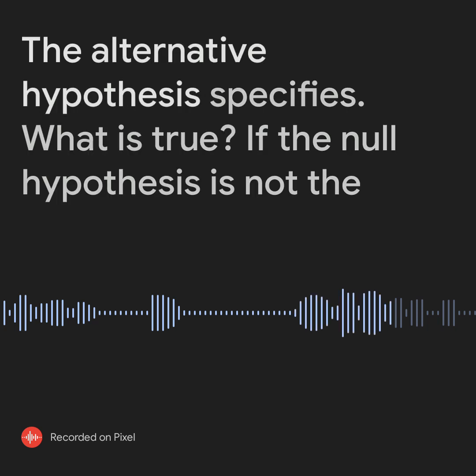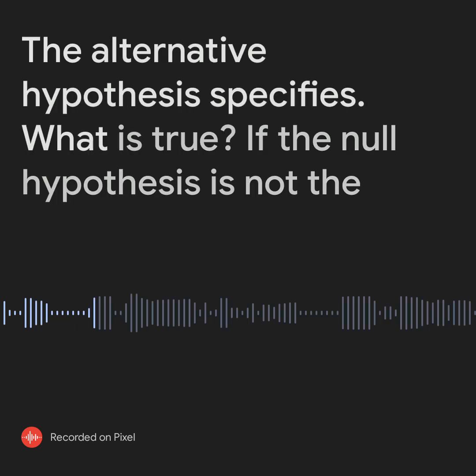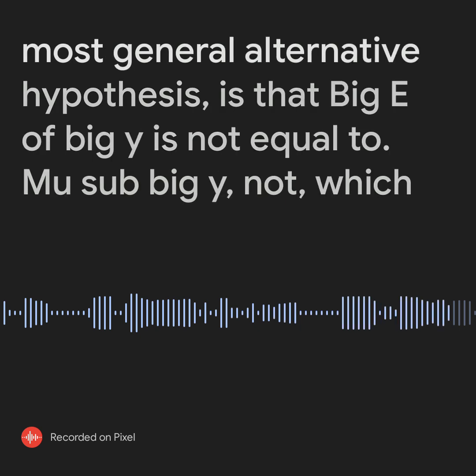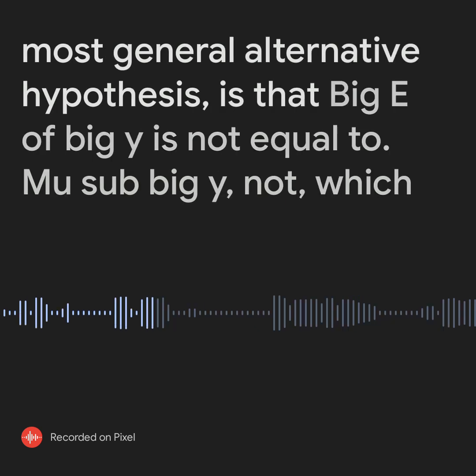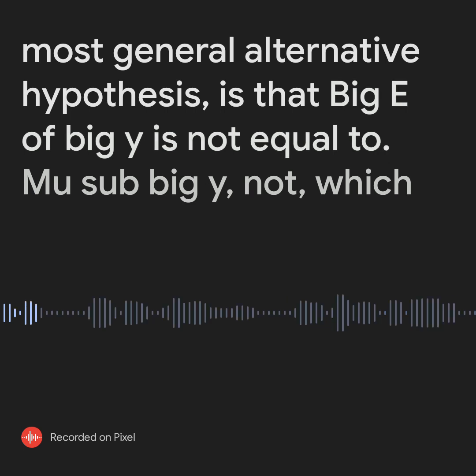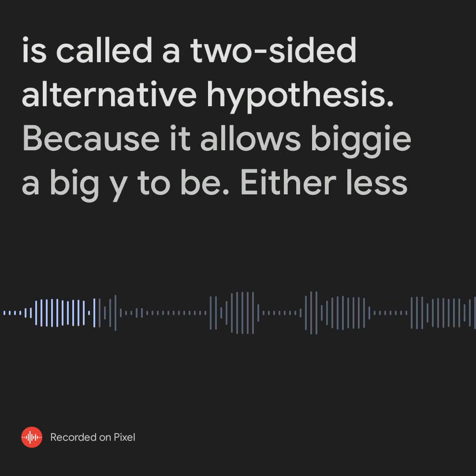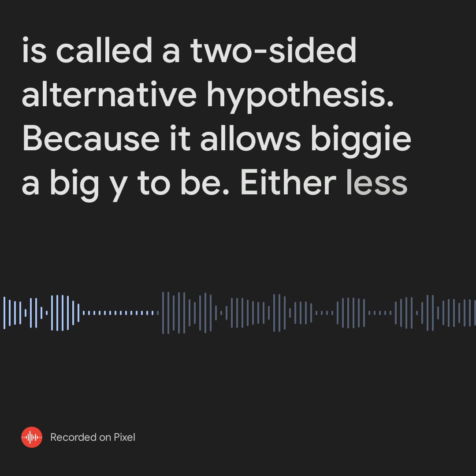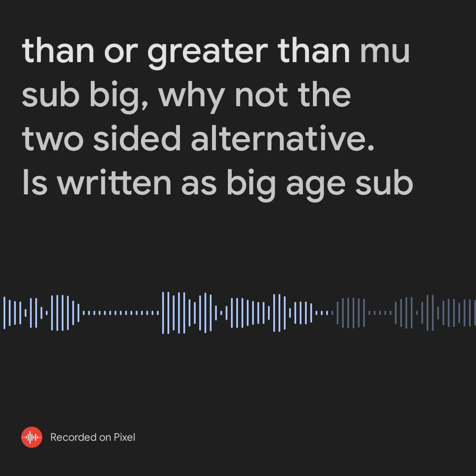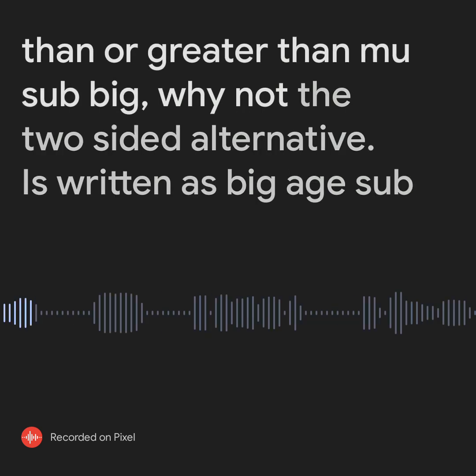The alternative hypothesis specifies what is true if the null hypothesis is not. The most general alternative hypothesis is that E(Y) is not equal to mu sub Y,0, which is called a two-sided alternative hypothesis, because it allows E(Y) to be either less than or greater than mu sub Y,0.